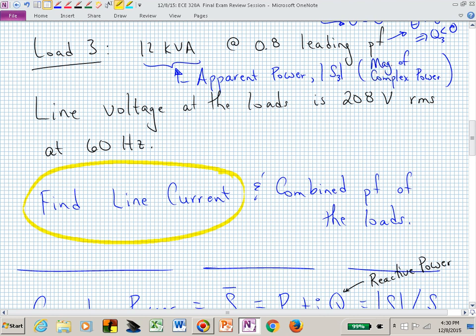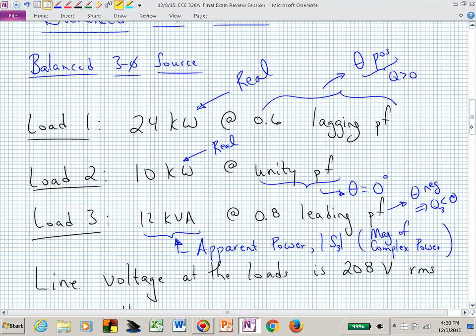Yes, question? Why is the angle negative? It's because of leading. The question was, why is that angle negative in load 3? It's the difference between leading and lagging in our problem statement. So if we know we have lagging, what kind of a load is that?